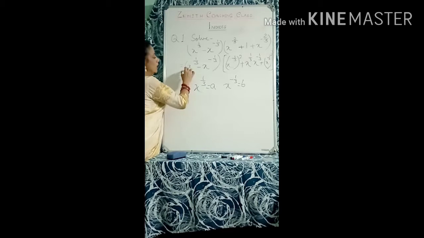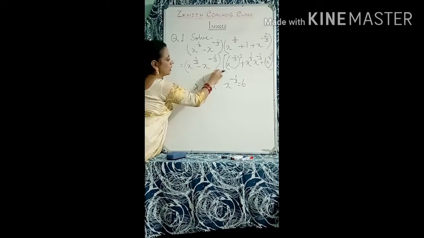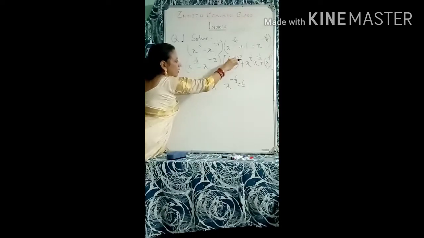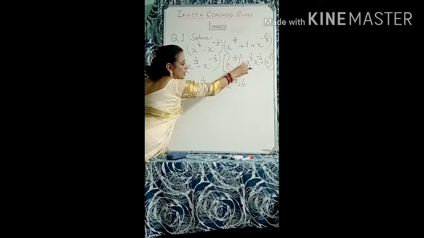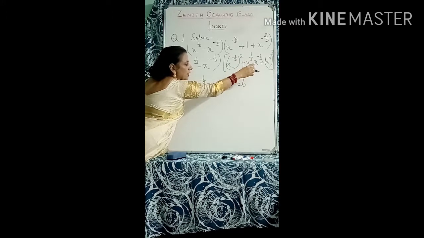That means a minus b into, we have written that 1 by 3 whole square, that is a square plus ab plus b square.